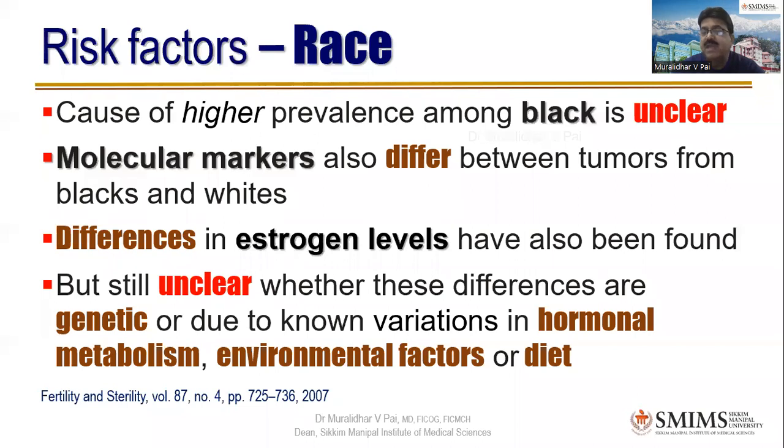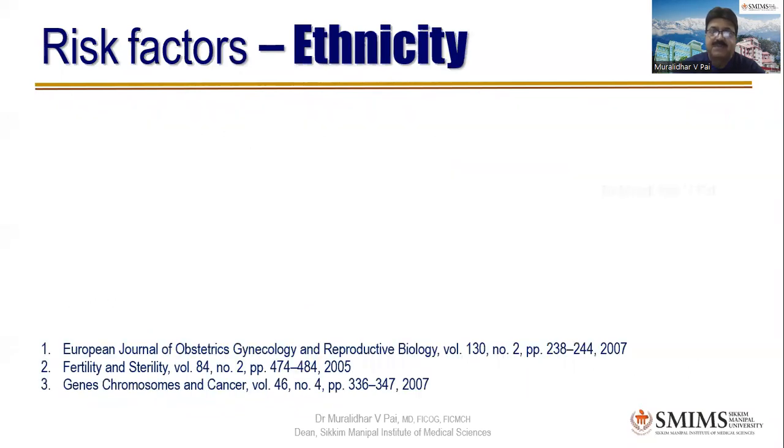So it may not be environment, but maybe diet, because wherever they go, whether they're in America or in UK, they may be having the similar diet. So, but we don't know at this stage. But it is sure that Black race have got more incidence of fibroid.